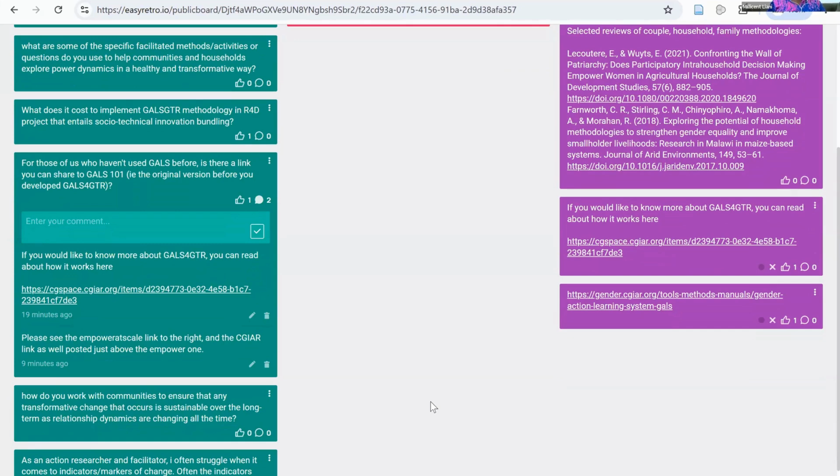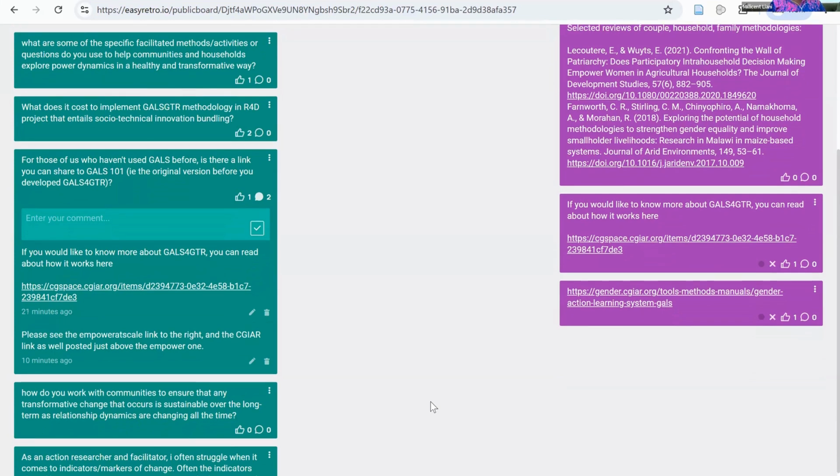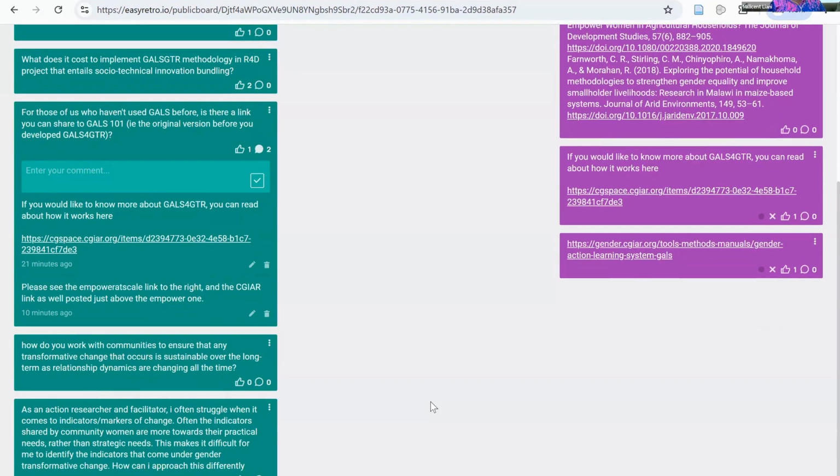So besides that, there's a question about what are some of the specific facilitated methods or activities or even questions that you use to help communities and households explore power dynamics in a healthy and transformative way. And then the third question is more, how do you work with communities to ensure that any transformative change that occurs is sustainable over the long term as relationship dynamics change over time? So I think I'll first pose those 3 questions. Over to Ojong.